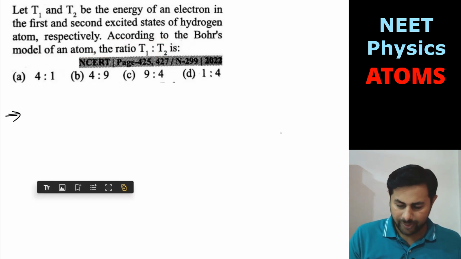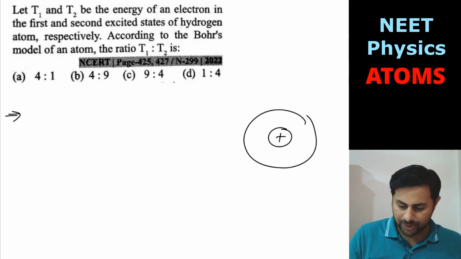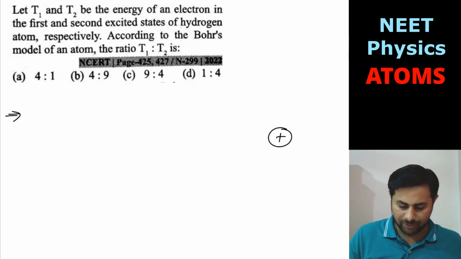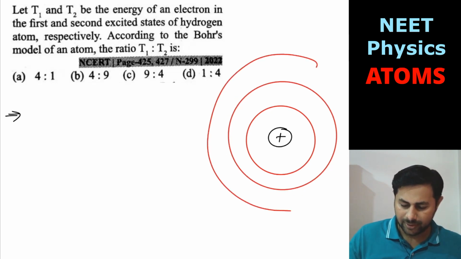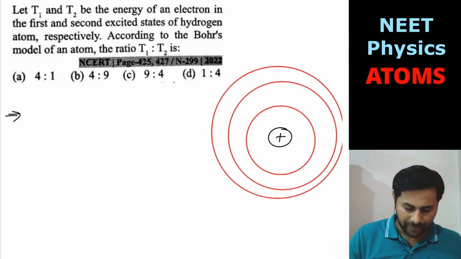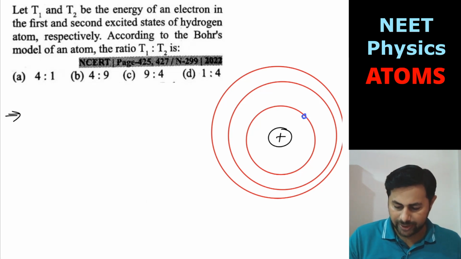This first orbit of electron is known as the ground state.